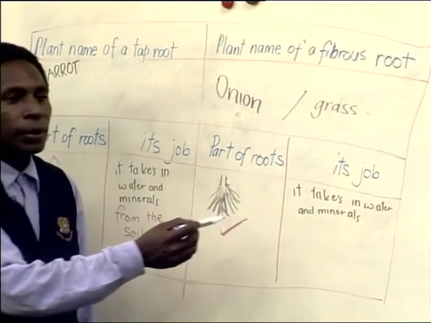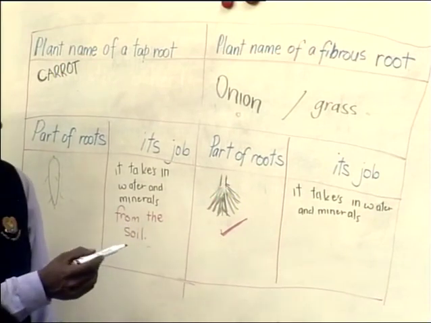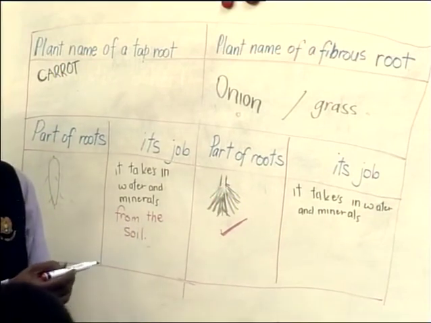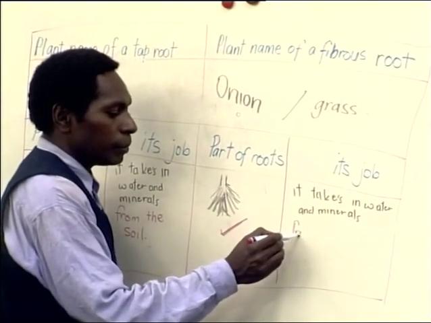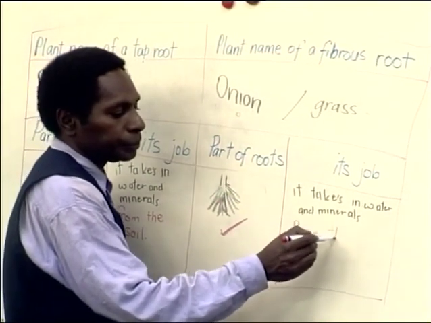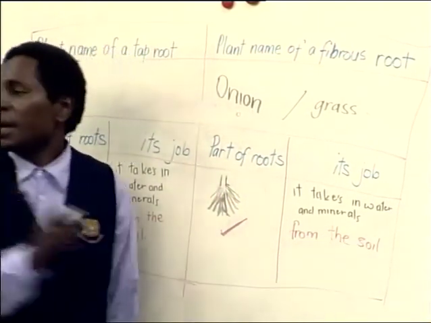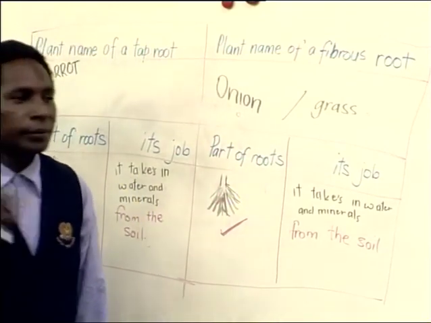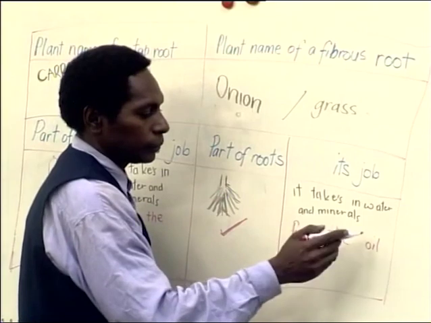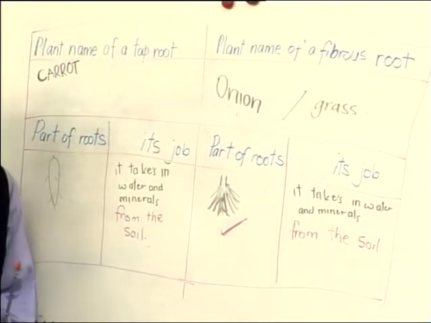And its job, okay, it does the same job as the other root there, so it takes in water and minerals from the soil. Is that clear? Yes. Clear? Okay, so that's what the plant does.